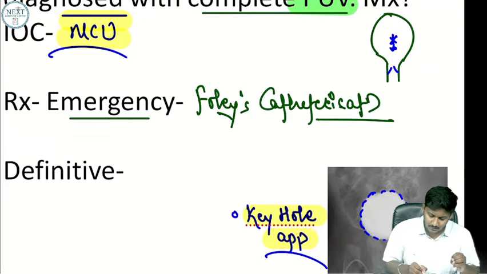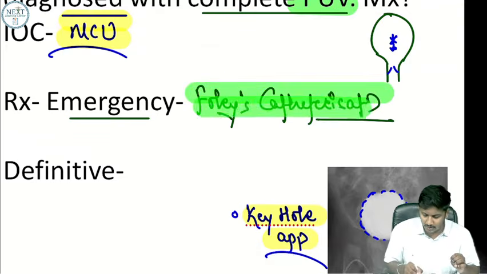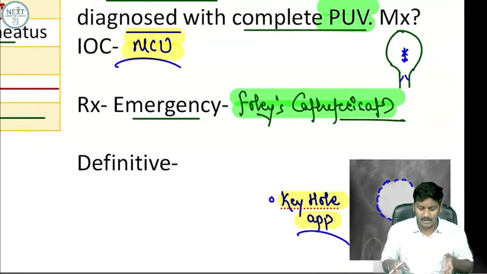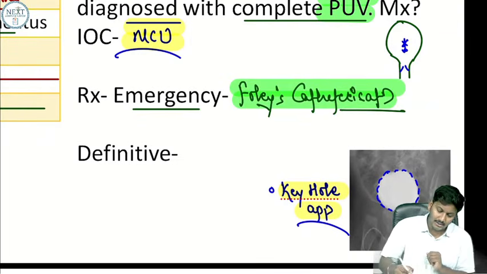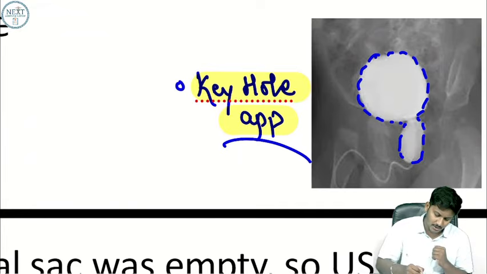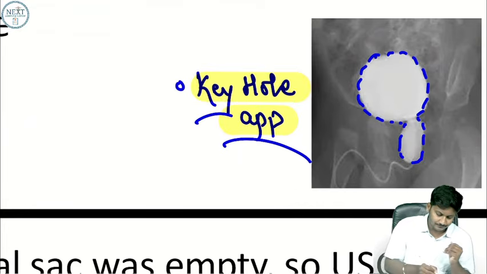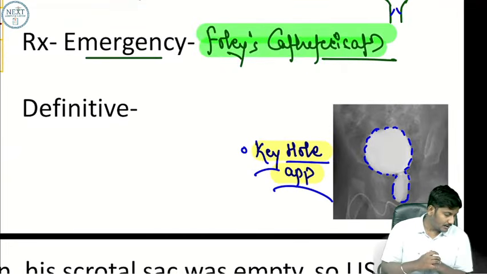That is what is important. So Foley's catheterization is the first step, or the emergency management, to drain the retained urine in a patient with posterior urethral valve. Clear? So do remember this. No issues with this, anybody?